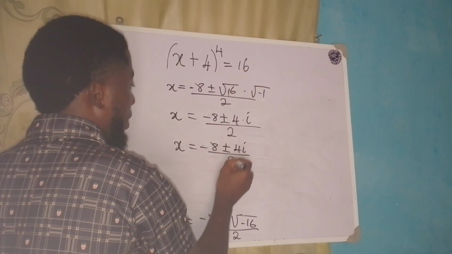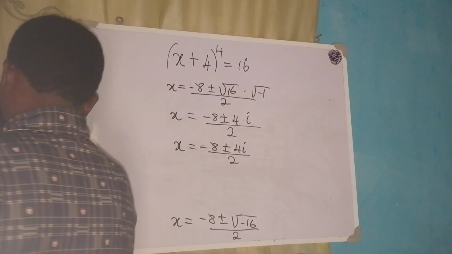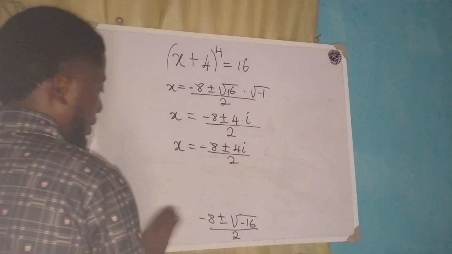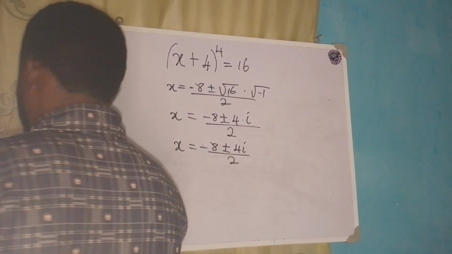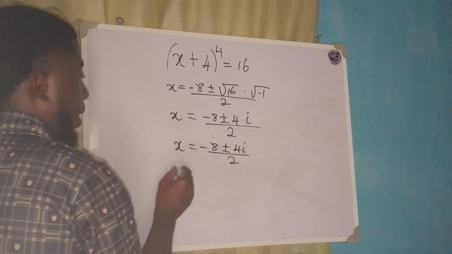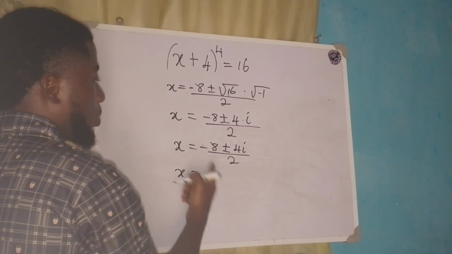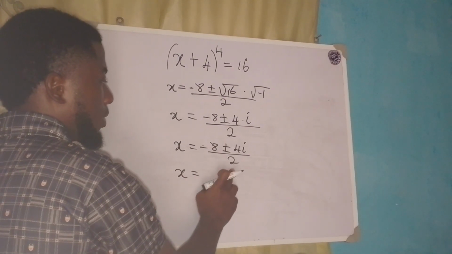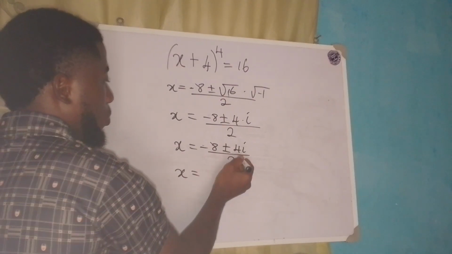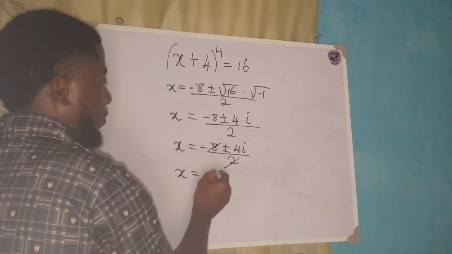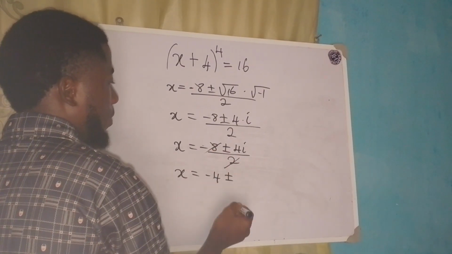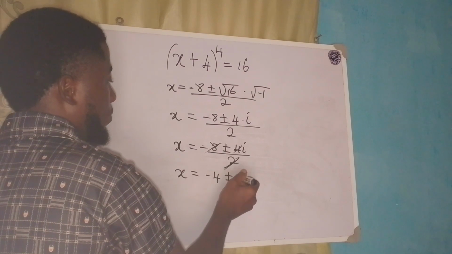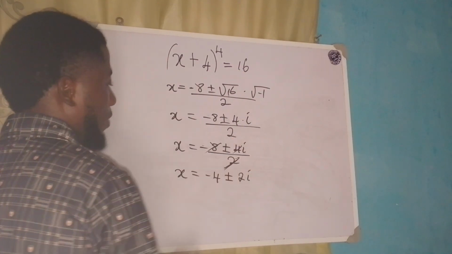Then we divide by 2. Okay, so I can clean this now. Now, to proceed, our x will be equal to minus 8. By the way, 2 can go into 8 and it can go into 4. So 2 into minus 8 will give us minus 4, plus or minus the same 2 into 4, that will be 2. Then we have i.